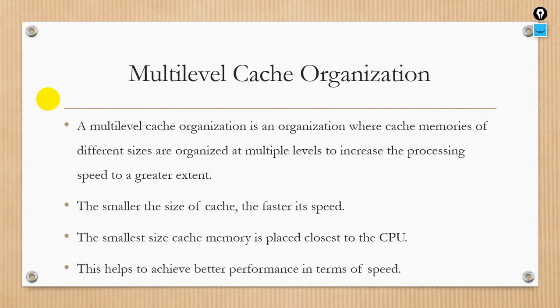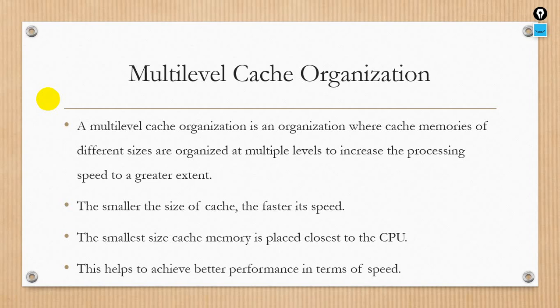So what does it mean? It means that when we are using multiple cache memories in the computer organization with the CPU, that is called multi-level cache organization.